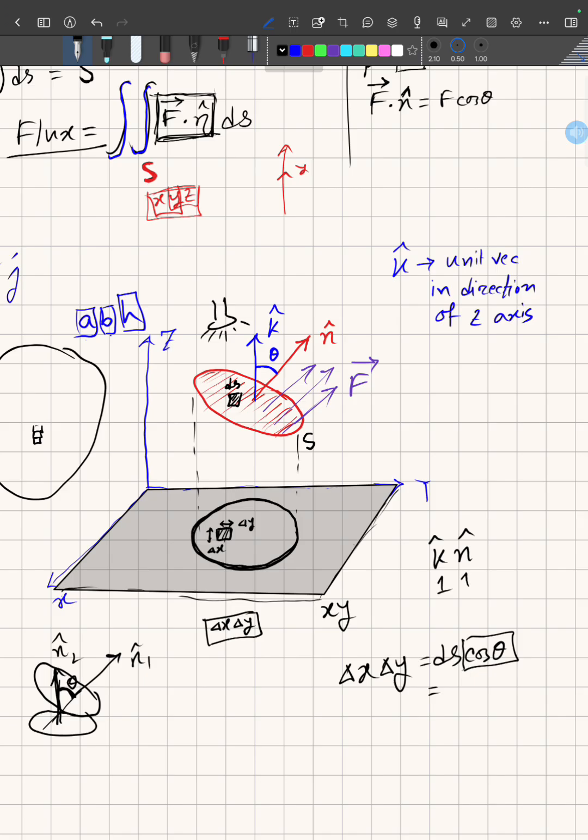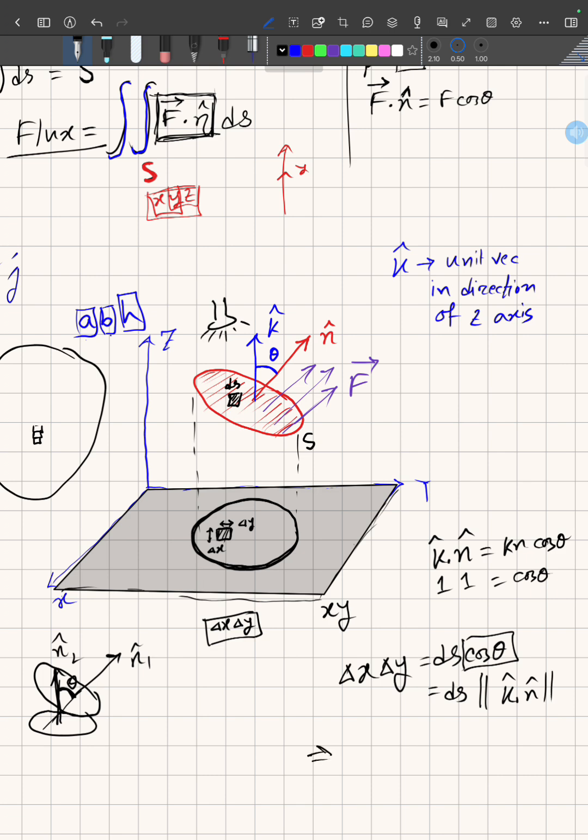Their values are 1 and 1. So we know that this will be k n cos theta. So putting in the values of k and n, we get the cos theta. Great. So we can say that this will be ds times the value of the dot product k dot n.